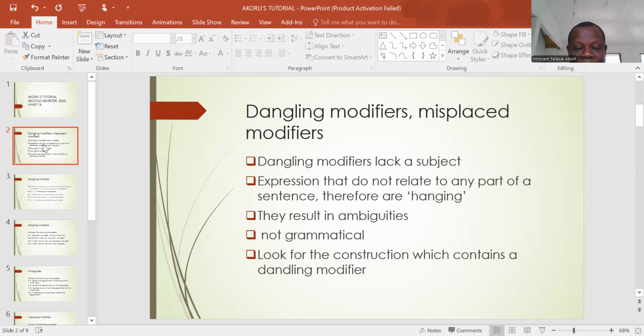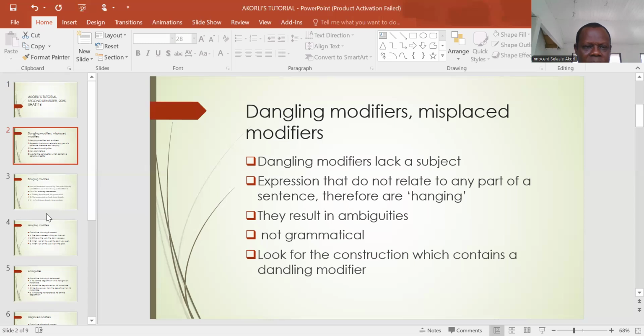And most of the time, we said you see dangling modifiers in ing form or kind of perfective form. But one feature that is common with all such sentences is that they lack a subject.